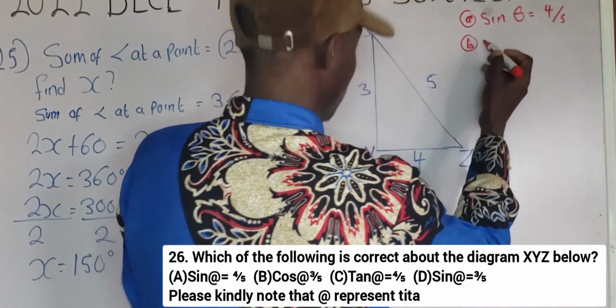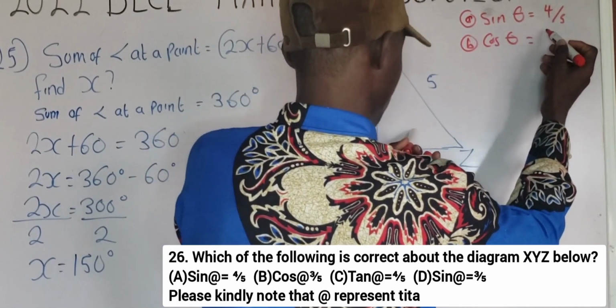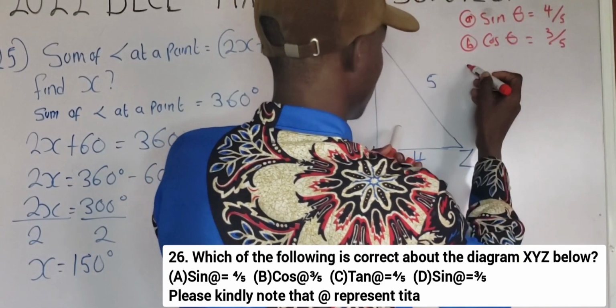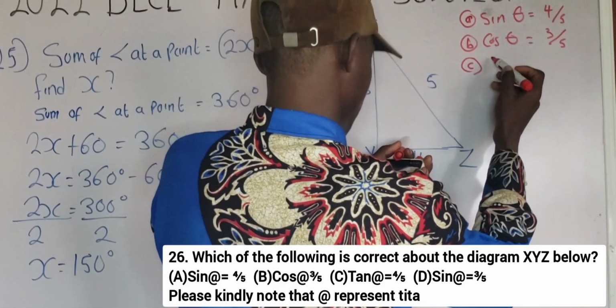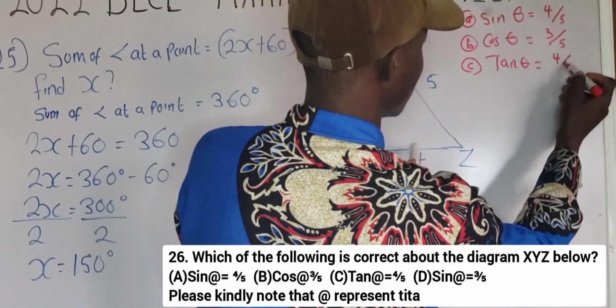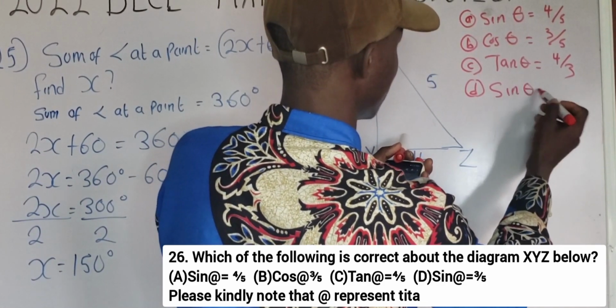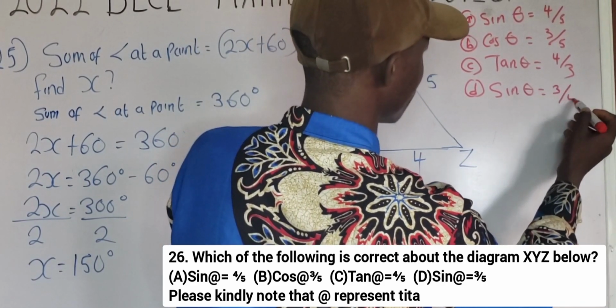Option B, cos theta equals 3 over 5. Option C, tan theta equals 4 over 3. And option D, sine theta equals 3 over 4.